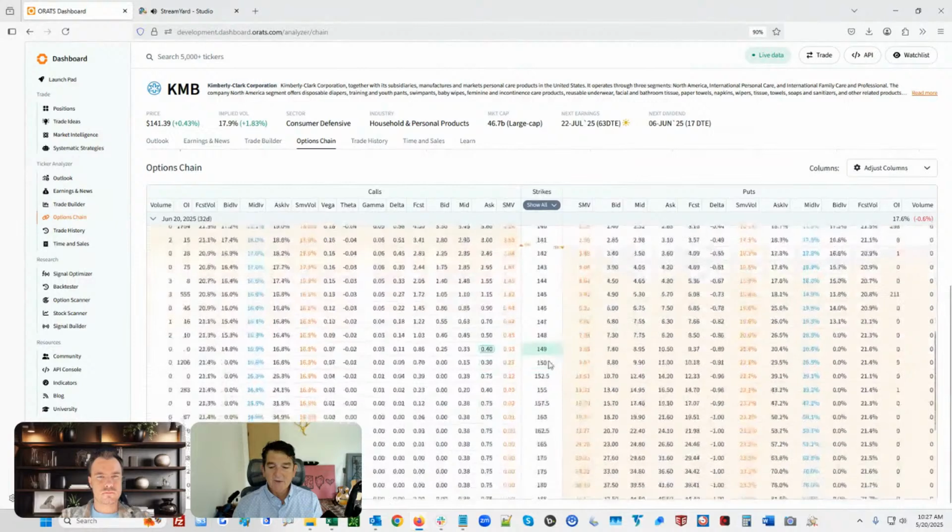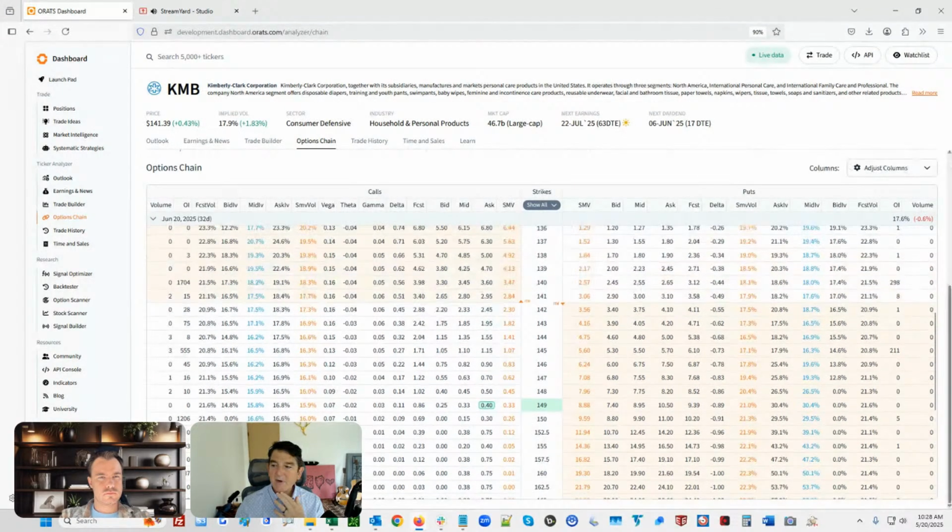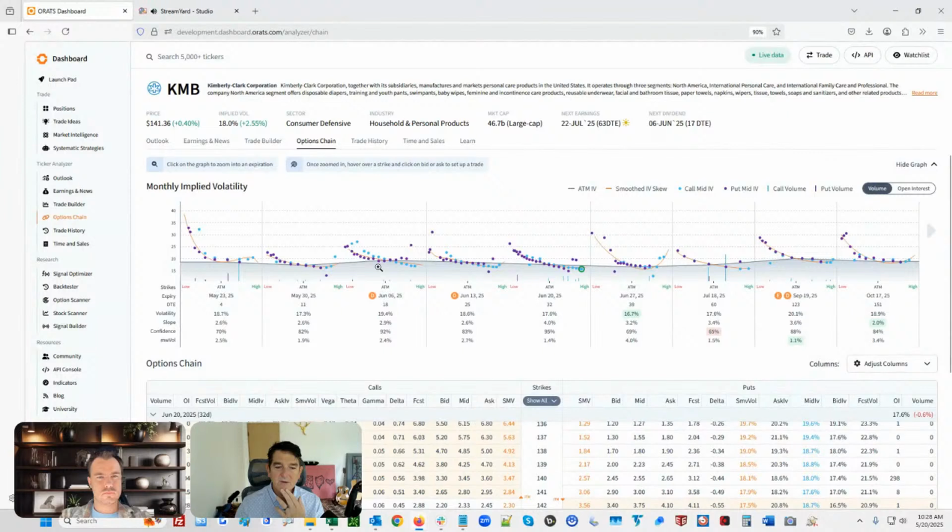So you could see, okay, this is the one right here, and for KMB, the forecast value is 21, and it's 15.9 in the market. That gives you a very high theoretical value, but let's just look at how the skew is a little bit wonky.